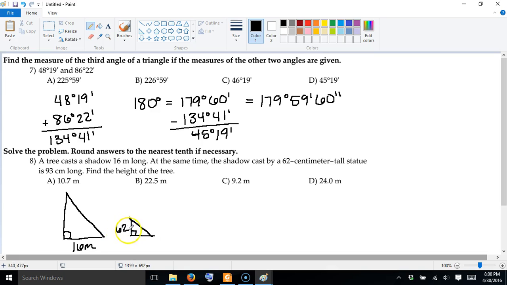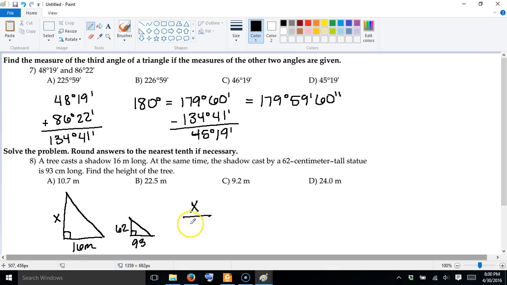Okay, 62 centimeters tall and 93 centimeters long in the shadow. Okay, and what we're asked to find is the height of the tree. So this is similar triangles where we put together the corresponding sides' ratios, such as this side here, x, corresponds to this side here, the height of the tree to the height of the statue.